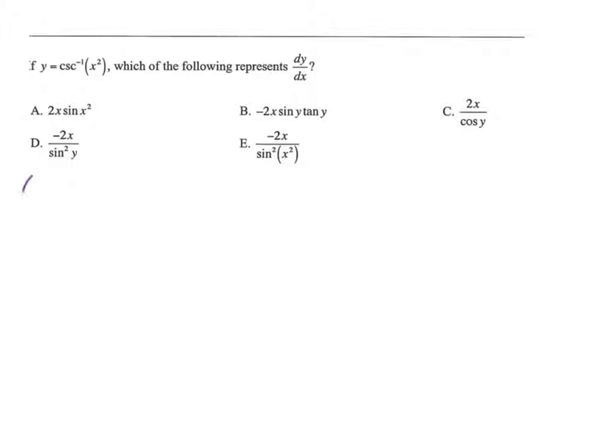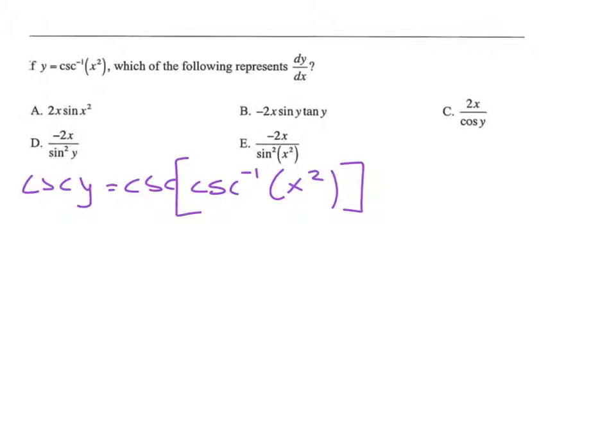If I multiply by cosecant on both sides, I've got cosecant y is equal to cosecant times cosecant inverse of x squared. A function and its inverse unravel each other. And there we have that.